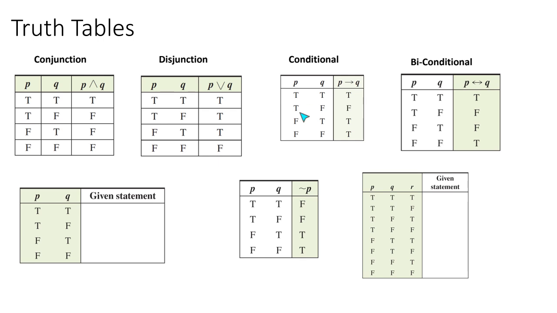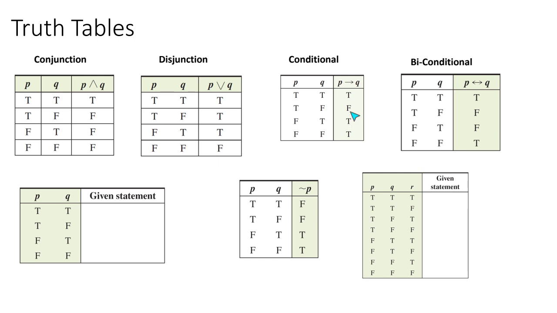Here, let's see what happens with my nephew. He ran the 10 laps, but then I didn't give him the car. Did I keep my word? No, so this is false. But let's say my nephew did not run the 10 laps, but I still gave him the car. Nothing wrong with that, right?